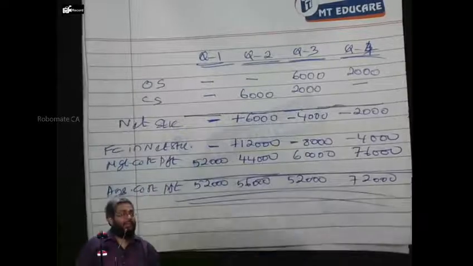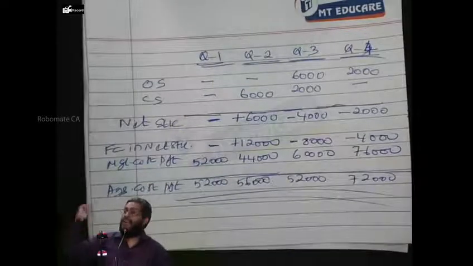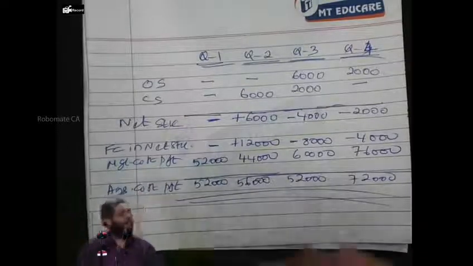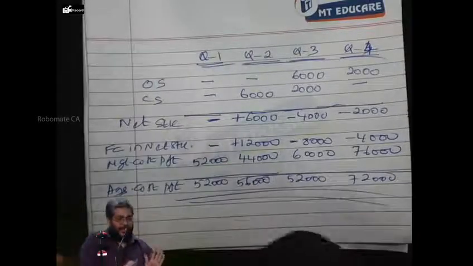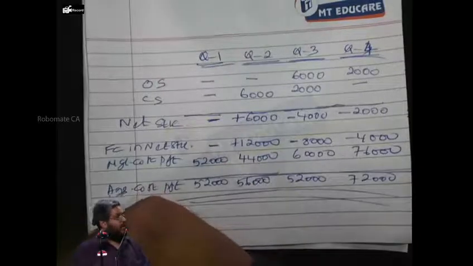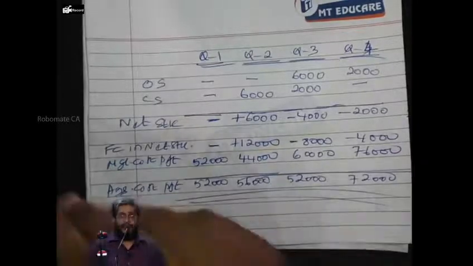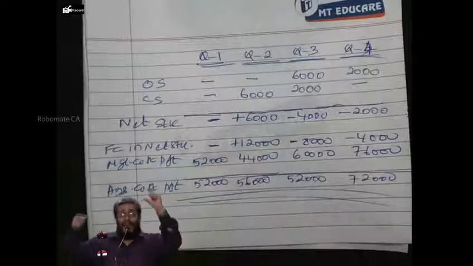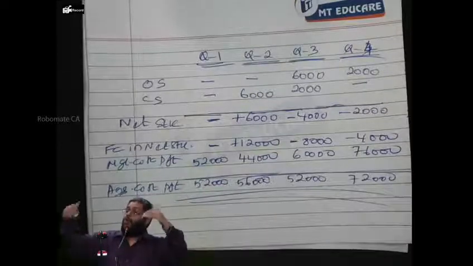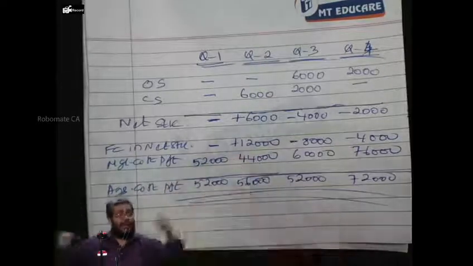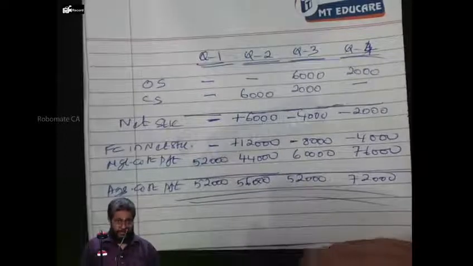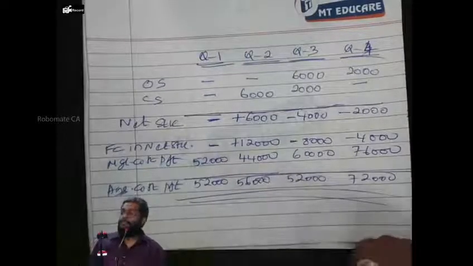Net closing stock means net credit. Always absorption will have an over debit or over credit depending on the stock position. Net credit, absorption has an over credit, so the profit is more. Net debit means absorption has an over debit, so the profit is less.